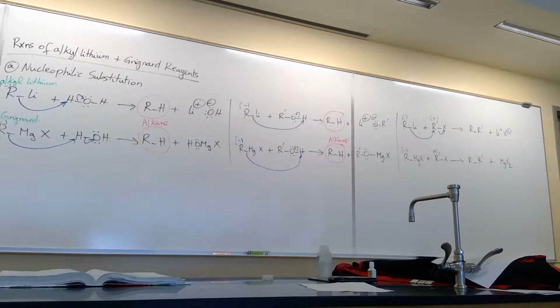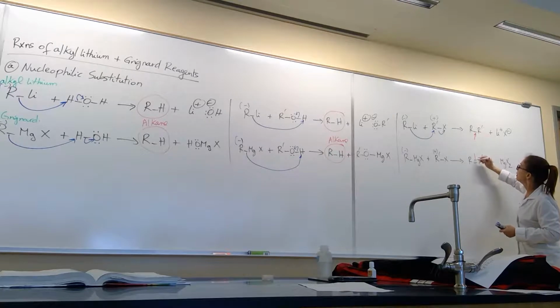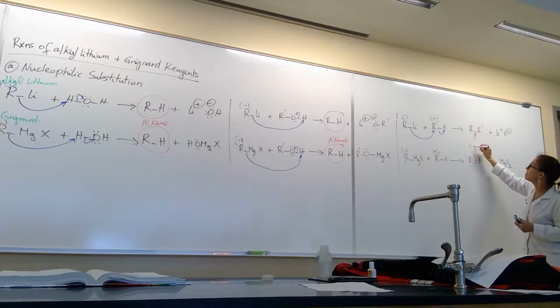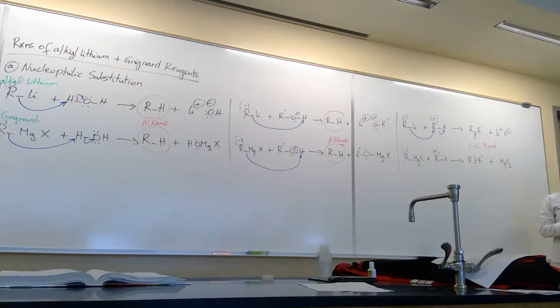Now, this is a super important reaction because in one shot, we created a bond between CC. Okay, so here it's a CC bond. In the early days, to make a CC bond takes you 10, 15, sometimes 20 steps.